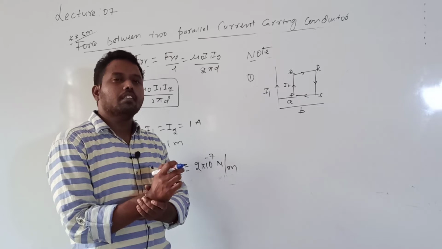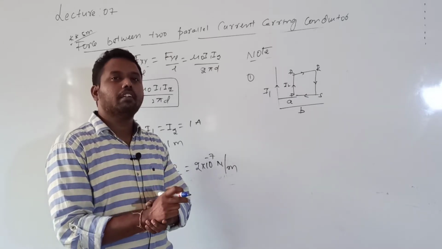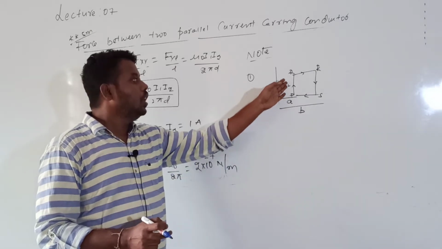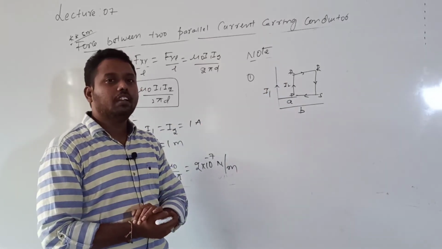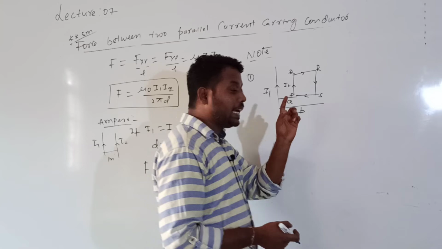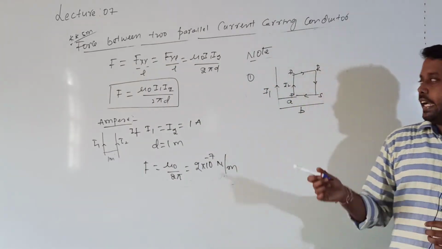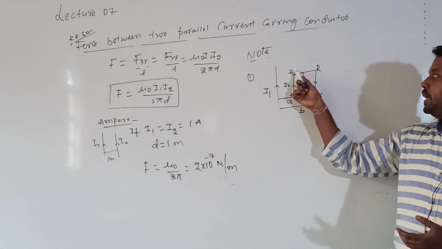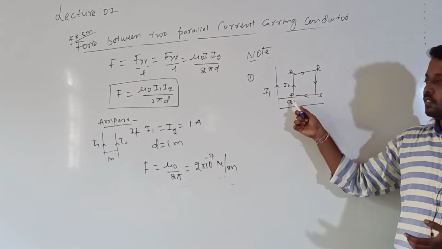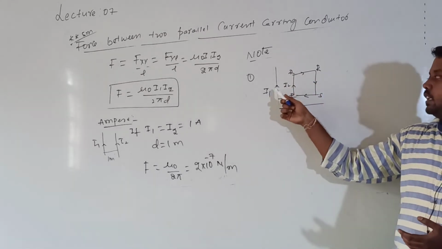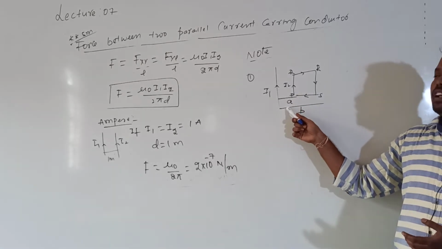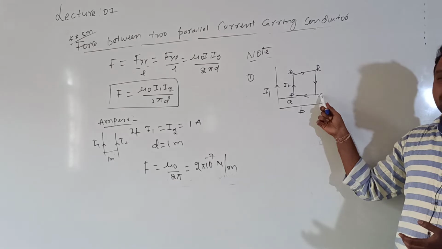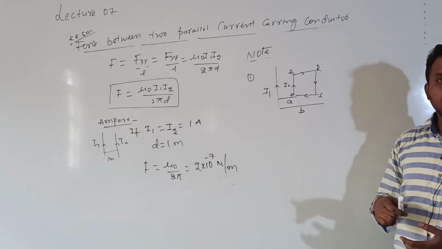Now we want to calculate the magnetic force acting on this rectangular loop. This rectangular loop is made up of 4 current carrying conductors: one is PQ, another is QR, another is RS, and the other is SP.